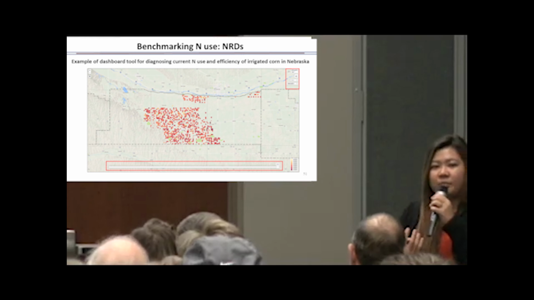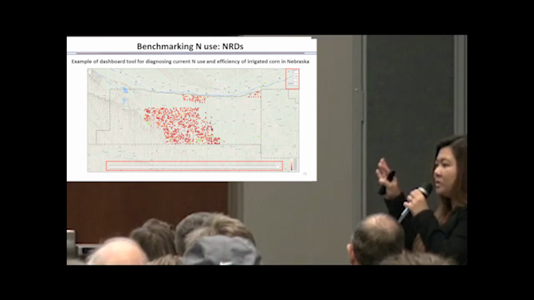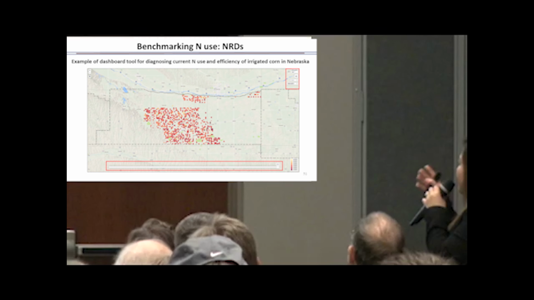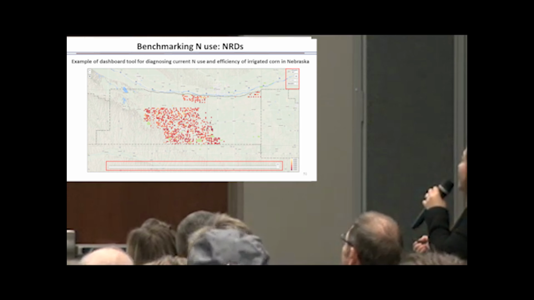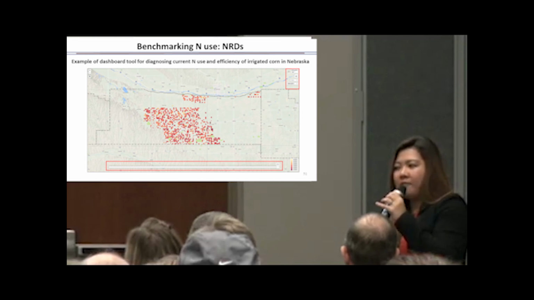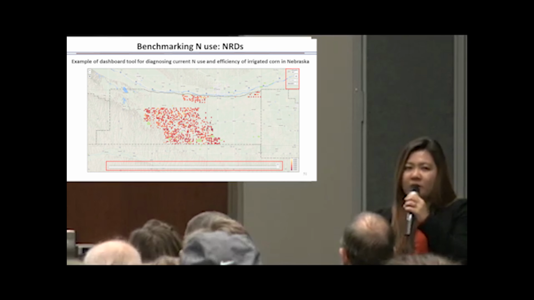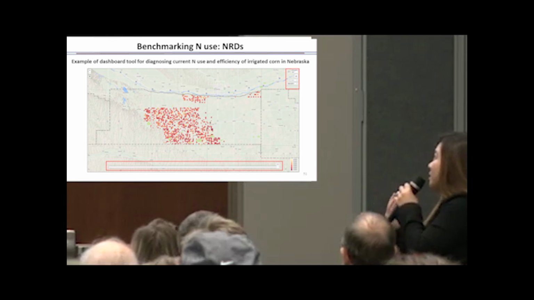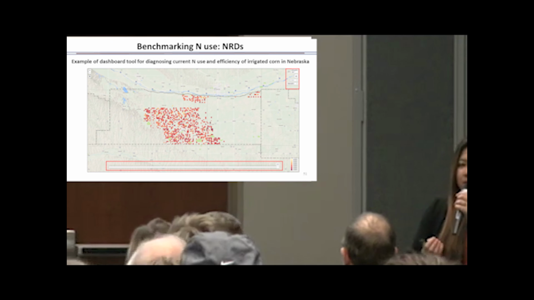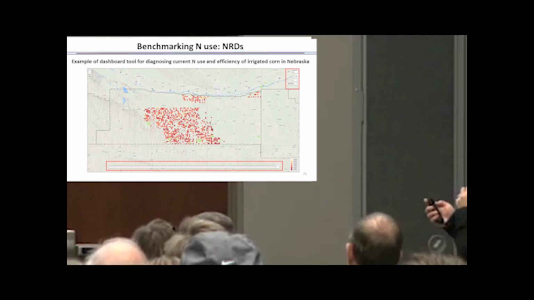So if I'm an NRD manager, probably this could be of main use to me by identifying all those fields that have high nitrogen inputs, or those fields in a dark red color, and maybe have a one-on-one meeting with them to help them find ways on how they could improve their performance by identifying management practices that could help them potentially reduce their nitrogen losses.